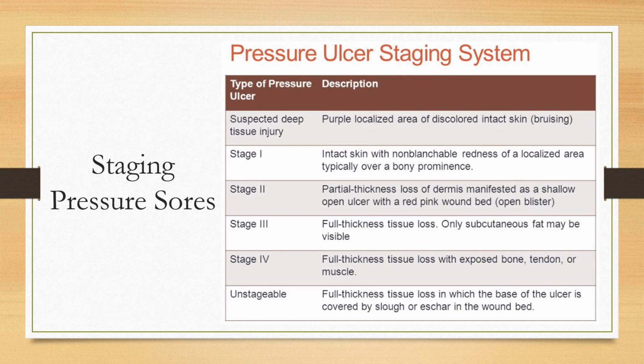Stage 4, down to the bone or the tendon or the muscle that's below the area. Okay. And unstageable means it's full thickness, but there's a lot of tissue in the ulcer that we just can't tell what's going on below it, or there's clotted blood or scab in the bottom of the wound.